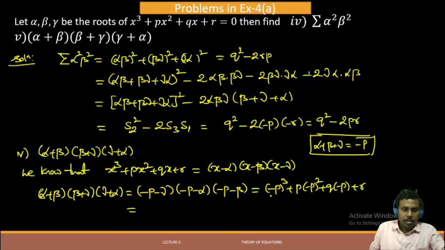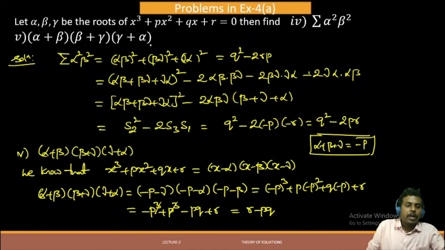So this value is going to be minus p cube plus p cube minus pq plus r. So these two get cancelled, this becomes r minus pq. So this quantity answer is r minus pq.